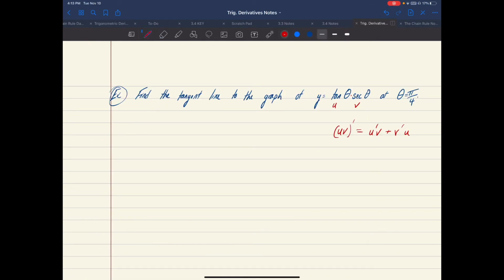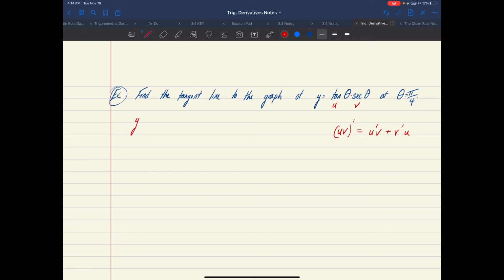Okay, in this one, we're doing something we've been doing for weeks. We're going to find a tangent line to a graph at a point. It just so happens that it has trig functions. So we have tangent times secant, and I've already labeled that as u and v because that's a product. So we'll just apply the product rule to this.